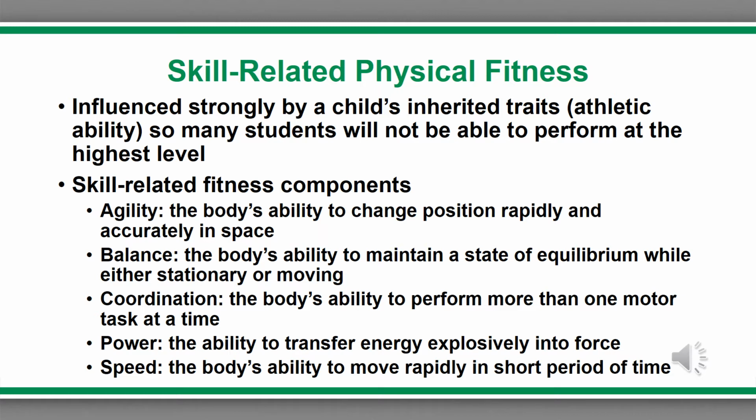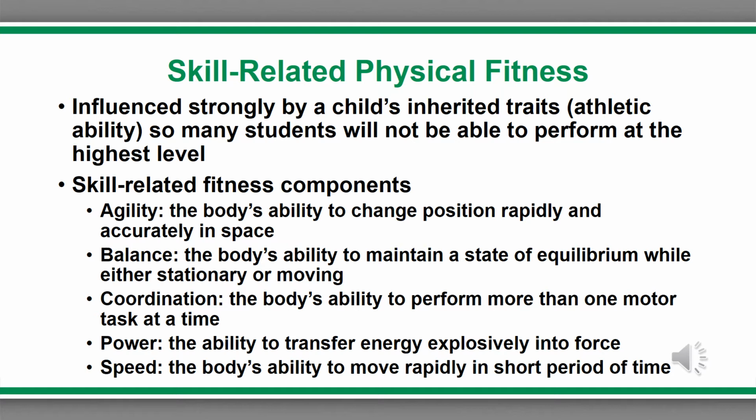That's coordination. Power, I want you to know, is the ability to transfer energy explosively into force. So in order to develop power, it requires performing strength activities with maximum force and as quickly as possible. These you see in high jump, long jump, shot put, throwing, kicking, your track type of things.